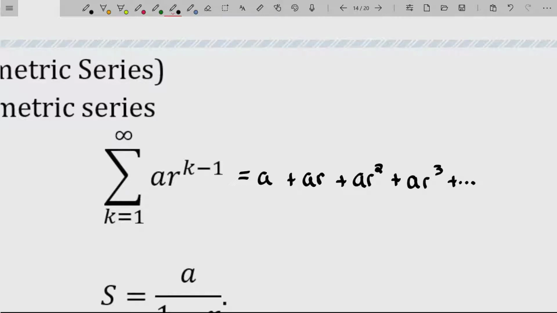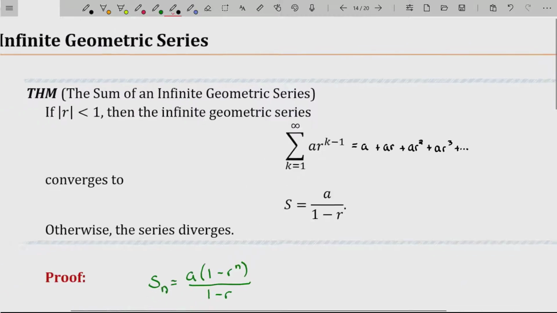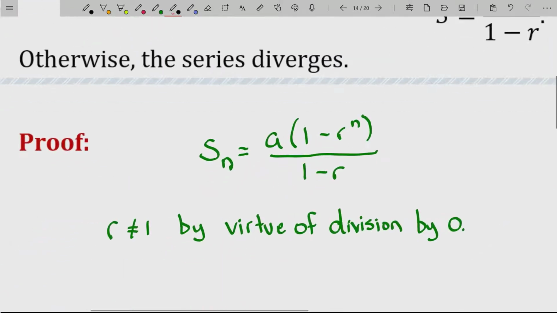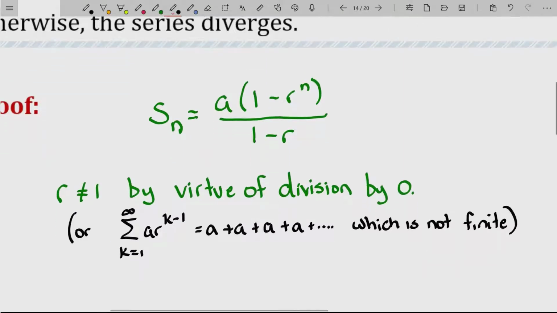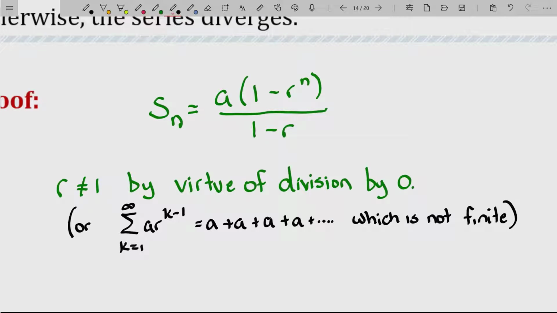If r is equal to 1, you're just adding a to itself an infinite number of times. And obviously that's going to blow up. So that is not going to work out. But by virtue of division by 0, at least the summation formula would not work. And I give a stronger justification down below.